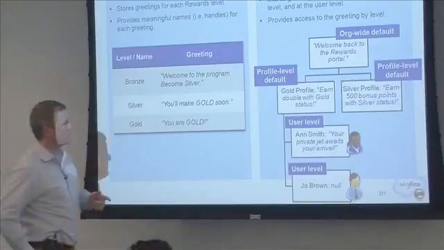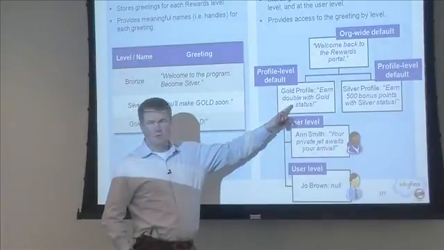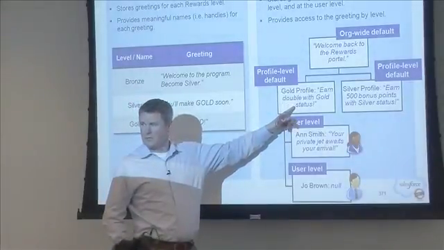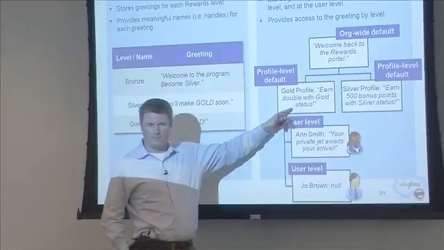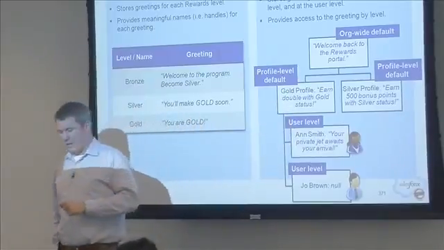And based on the user's profile, you could check to see, can they do this thing? It would then return true or false, depending upon what is the setting for their profile. And if it doesn't have a record, it would just do the org-wide default, which would probably be no, you can't do this thing. But you could programmatically check for this user's profile, can they do this thing?